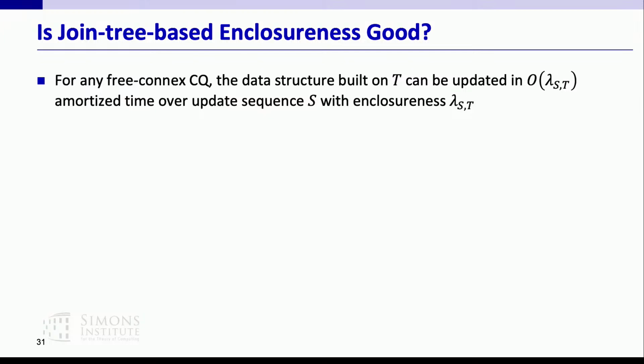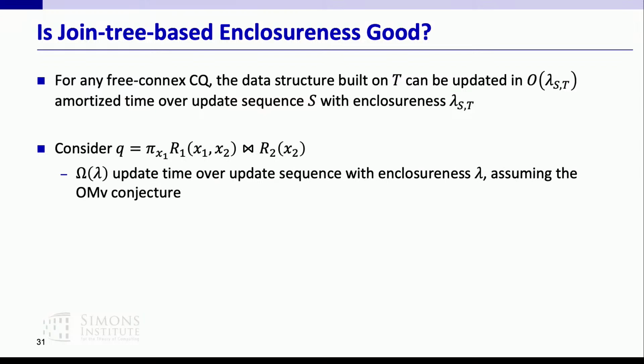At the same time, we find one query such that it requires at least lambda update time over update sequences with enclosure list, assuming the OMv conjecture. I didn't talk about the join tree here because for this simple query, we can just have these two generalized join trees. But we don't know whether lambda is good enough to capture all the queries. So this is still an interesting question to ask.